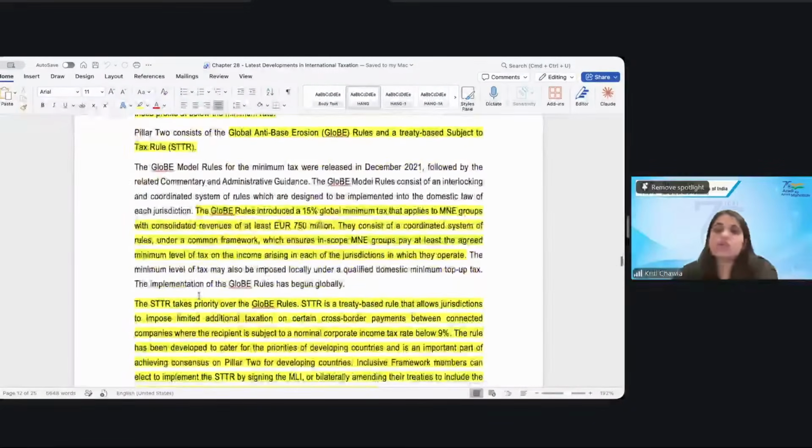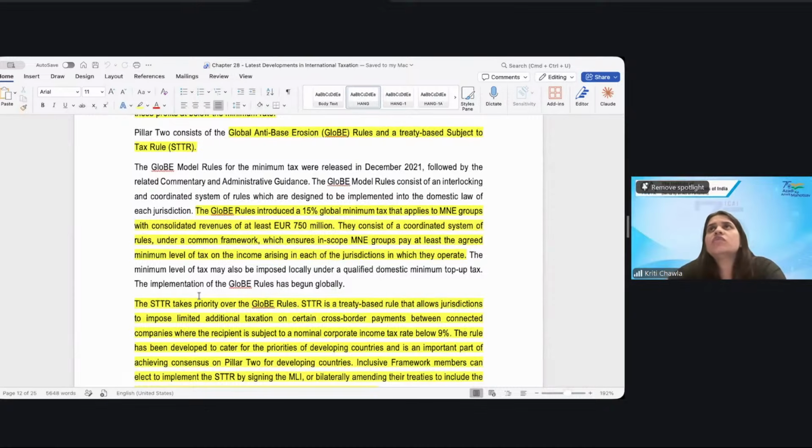Now, the GloBE rules basically introduce a minimum 15% global tax. They have introduced a 15% global minimum tax, and it applies to MNE groups with consolidated revenue of at least 750 million euros.